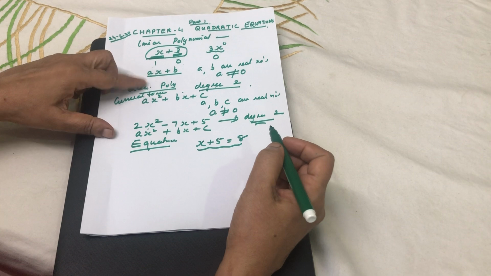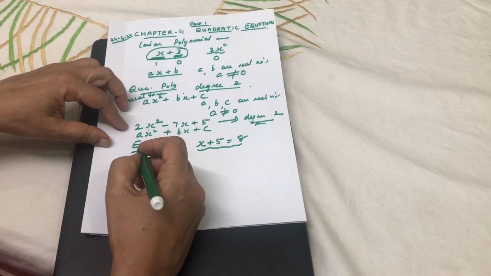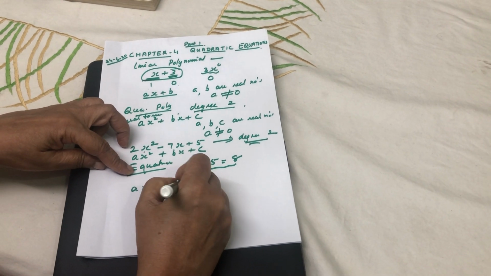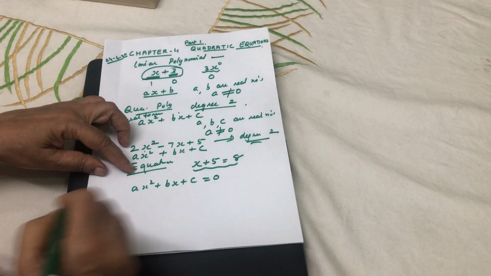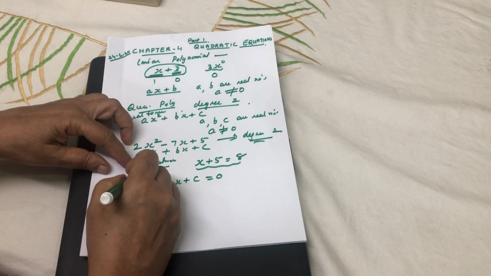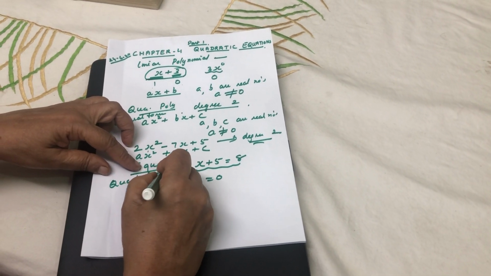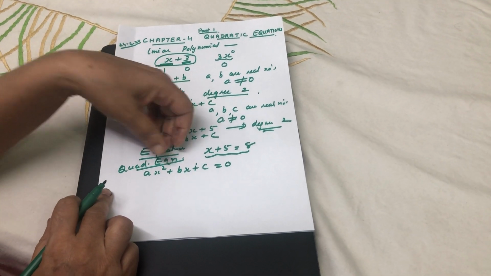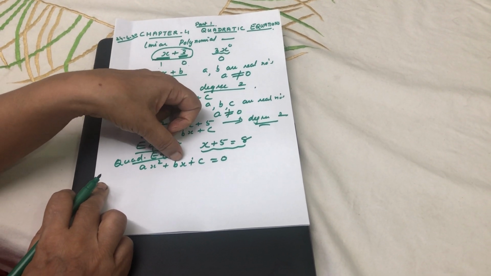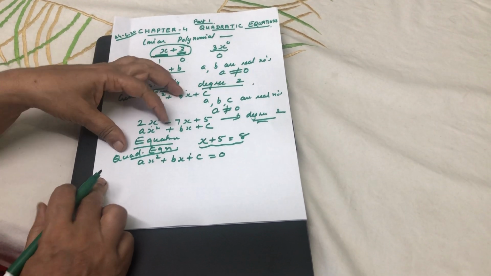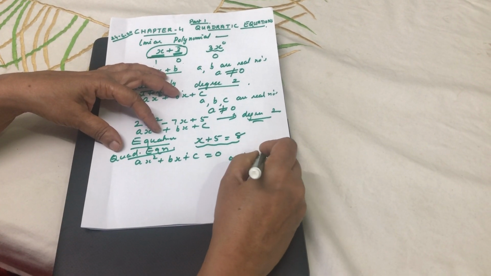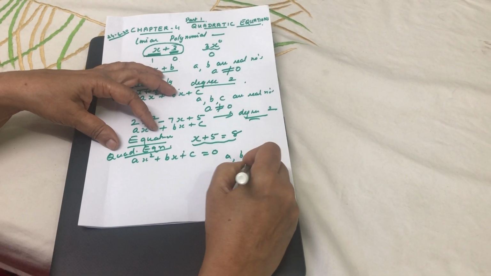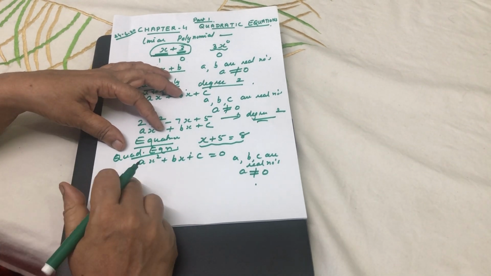So for a quadratic equation, suppose ax squared plus bx plus c equal to 0, then it is a quadratic equation. Therefore the general form of a quadratic equation is ax squared plus bx plus c equal to 0, where a, b, c are real numbers and a is not equal to 0.